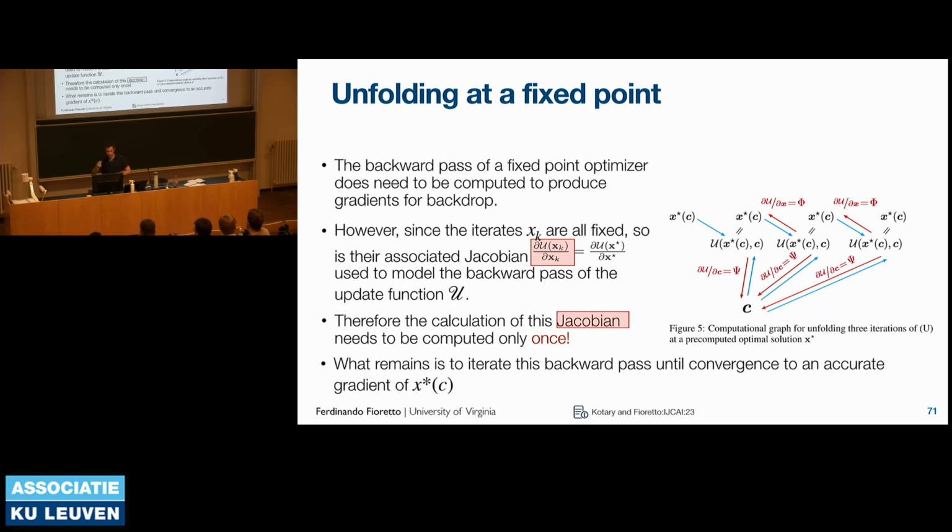The interesting aspect, though, is that because you're at x star already, producing the Jacobians, the partial derivatives of our inner function u with respect to our point, does not have to be recomputed all the time. You compute it once and keep using the same solution over and over, because that solution has converged already. It doesn't change. So the calculation is done only once. You just need to iterate until you get some convergence.